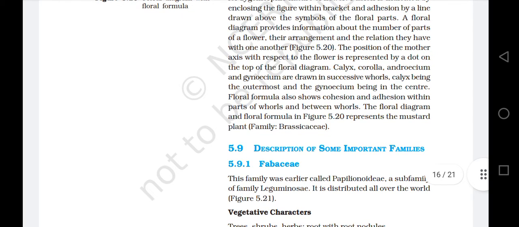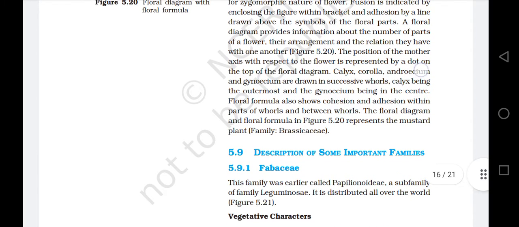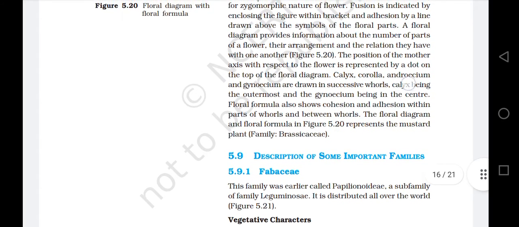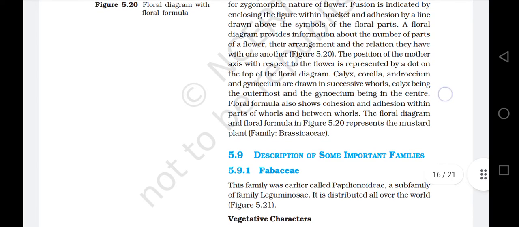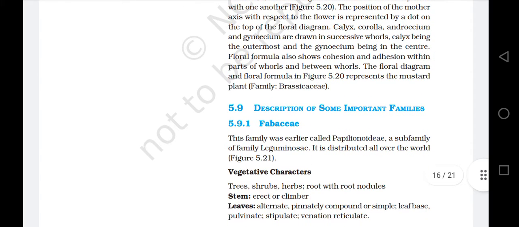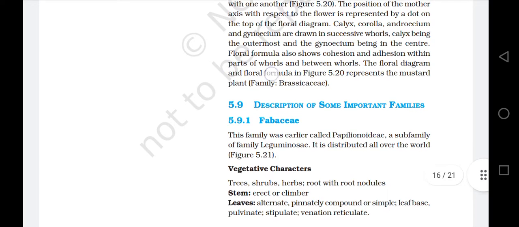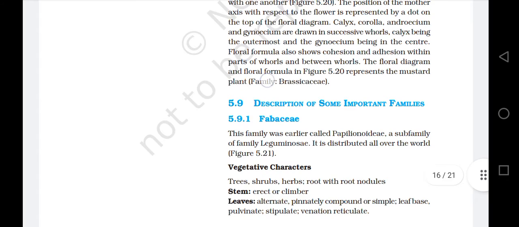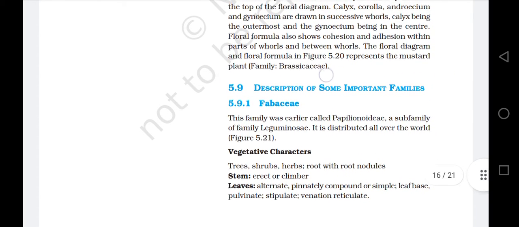The position of the mother axis with respect to the flower is represented by a dot on the top of the floral diagram. Calyx, corolla, androecium, and gynoecium are drawn in successive whorls, calyx being the outermost and the gynoecium being in the center. Floral formula also shows cohesion and adhesion within parts of the whorls and between whorls. The floral diagram and floral formula in figure 5.20 represent the mustard plant family Brassicaceae.